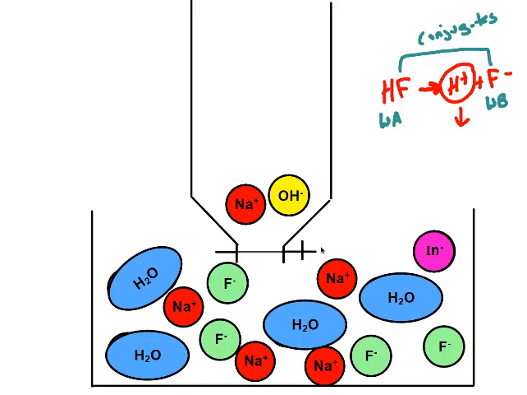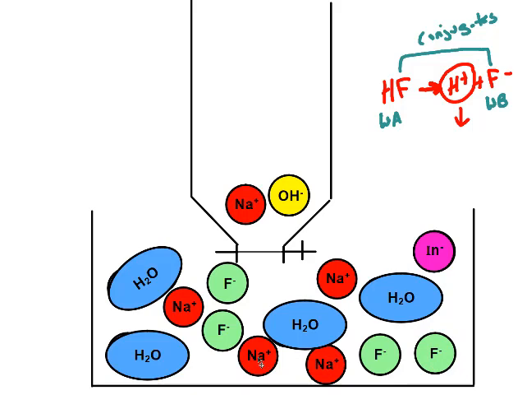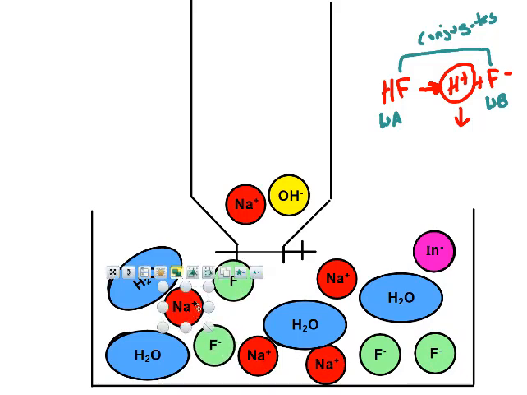So in this case, we have no more hydrogen ions. All we have is fluoride ions. And we also have some sodium, but sodium is neutral. So the only one that's affecting our pH is fluoride. And we said earlier, fluoride is a weak base. So if you noticed, our indicator is now purple, or pinkish purple, because now we're basic.